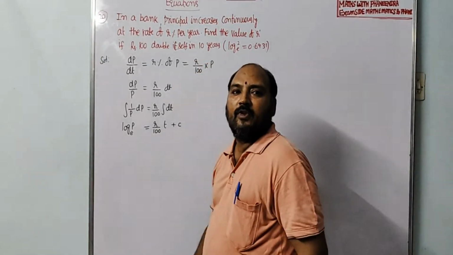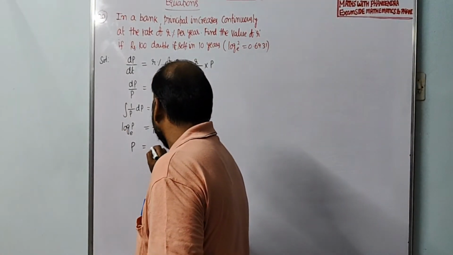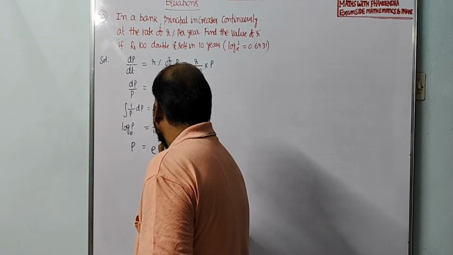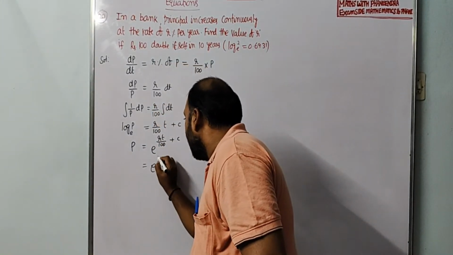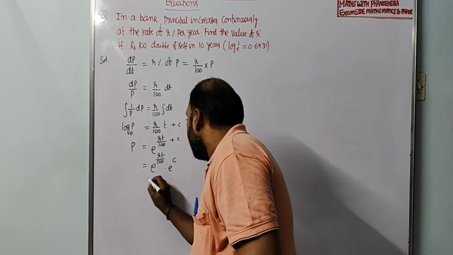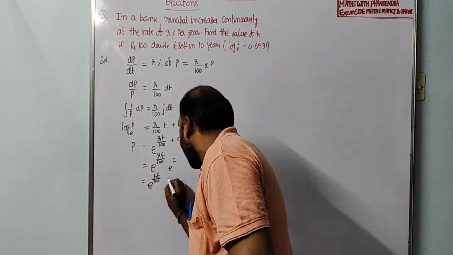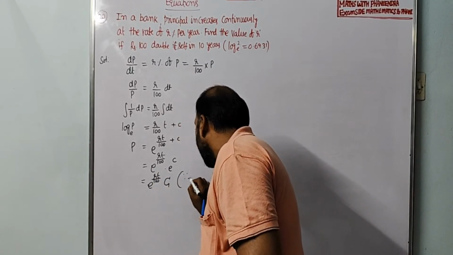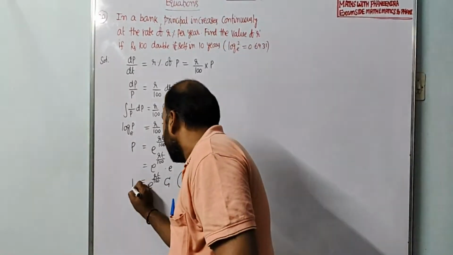If you remove this log, it becomes P equal to e power (Rt by 100 plus c), that is e power Rt by 100 into e power c. This e power c you can consider as one constant capital C. I hope you understand, students.